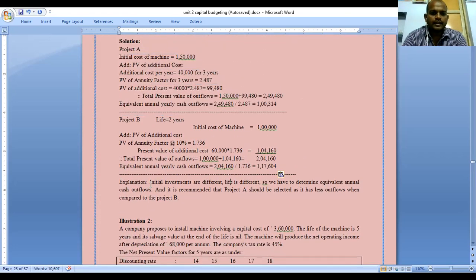Explanation: initial investments are different, life is different, so we have to determine equivalent annual cash outflows. It is recommended that project A should be selected because project A has less outflows when compared to project B.